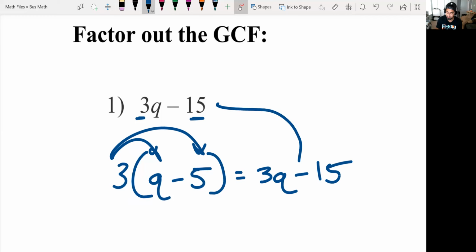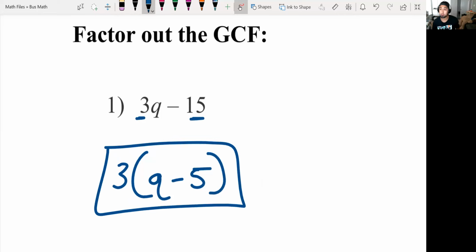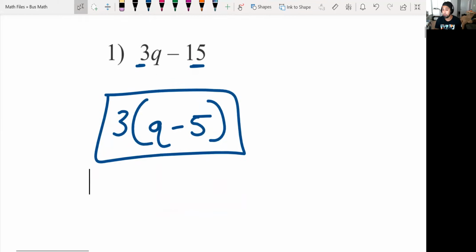Is this the same as the original? It is. So this means we have factored correctly. That is the simplified format of this given polynomial. All we have done is take out the greatest common factor. That's all. Let's try it again.